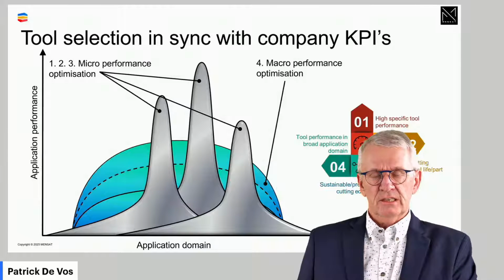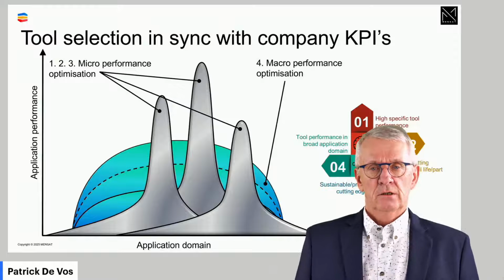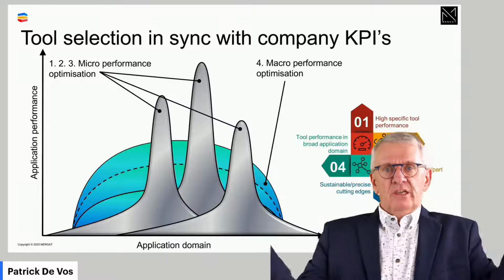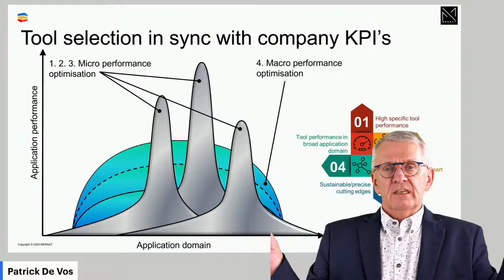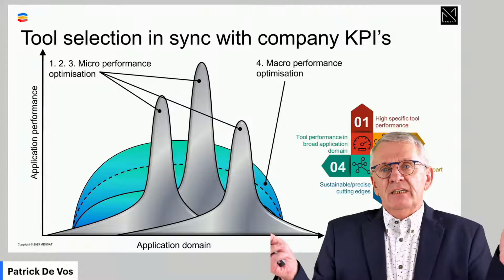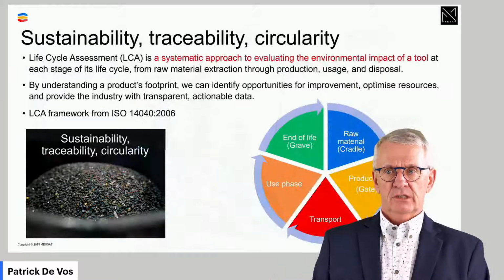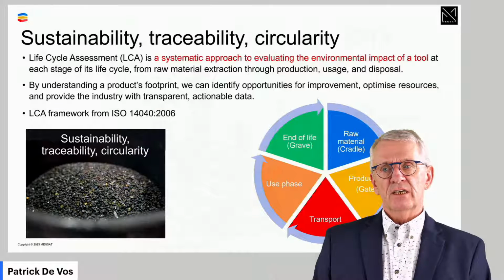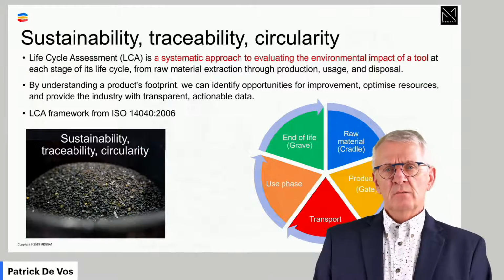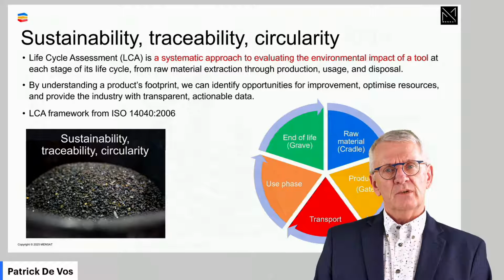Of course it does. It has been selected for that. But if you look application-wise, versatile tooling gives you the advantage that with very few different tools, you cover a wide range of applications.